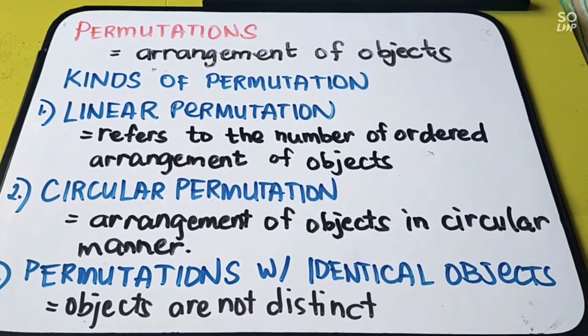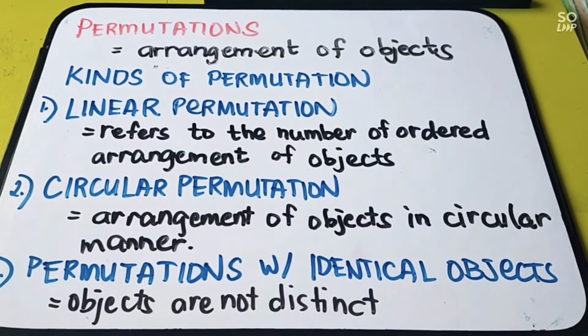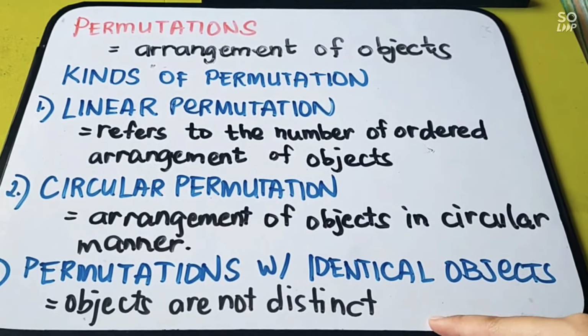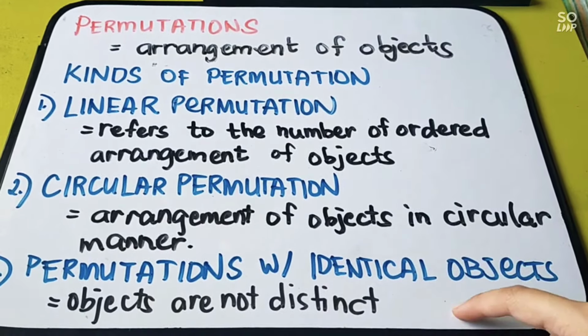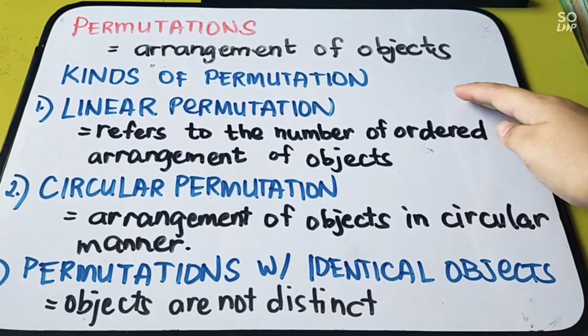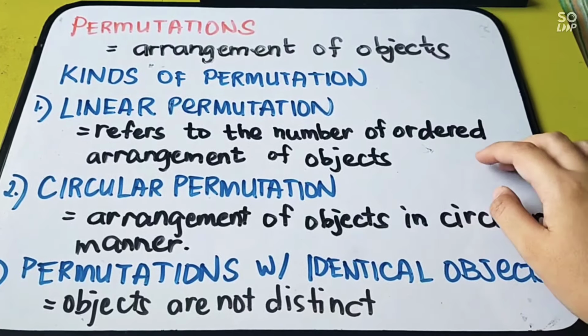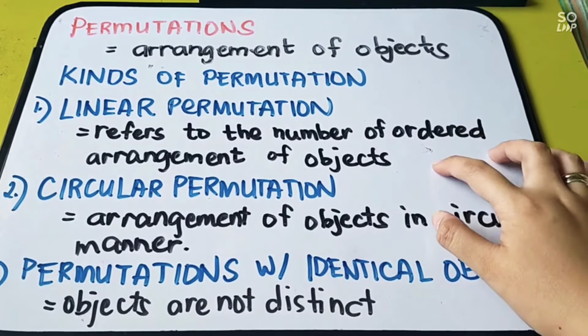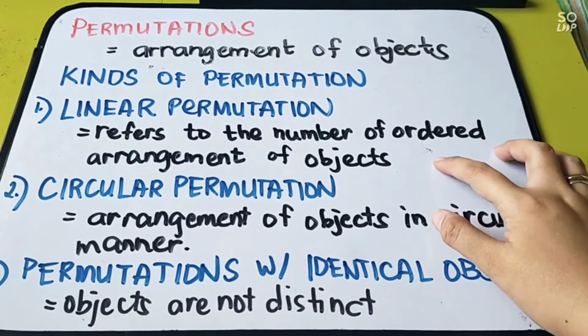So we have different kinds of permutations. We have the linear, circular, and permutations with identical objects. In linear permutation, it refers to the number of ordered arrangement of objects. Ito yung pinakasimpleng permutation.